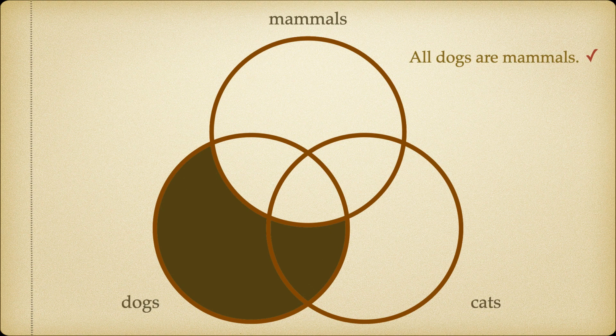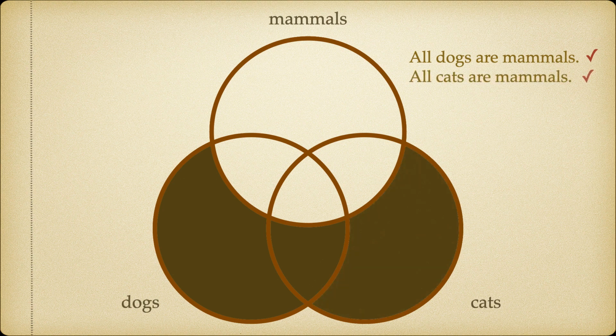That part of the set is empty, so we've shaded it out. Next, we add the information from the second premise by demonstrating that there aren't any non-mammalian cats. The only conclusion we can reach given the premises indicates that the only existing dogs are also cats.